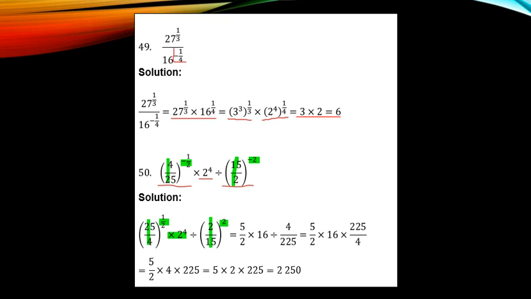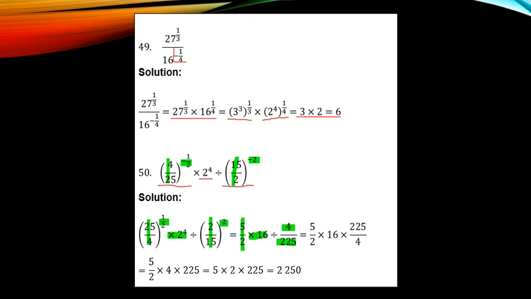In the first term, 1 over 2 means square root, so square root of 25 over 4 is 5 over 2, times 2 power 4 is 16, divided by, now in the third term, square of 2 is 4 and 15 squared is 225.